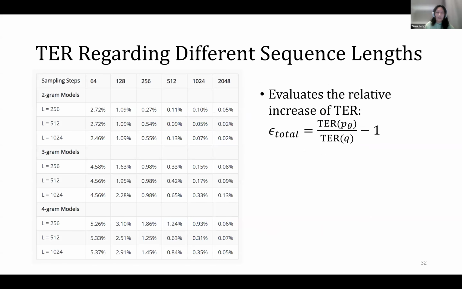To better understand how the token error rate of MDMs changes, we also conducted experiments to evaluate their performance across different numbers of inference steps and sequence lengths. For consistency with the previous theorem, we tested on 2-gram, 3-gram, and 4-gram models. The percentages in the table represent the relative increase of TER, where a lower value indicates better alignment with the ground truth.